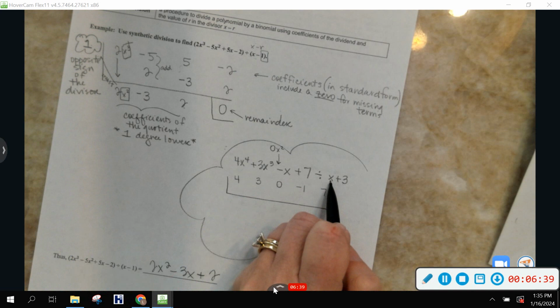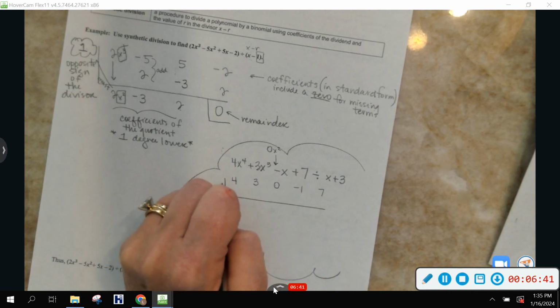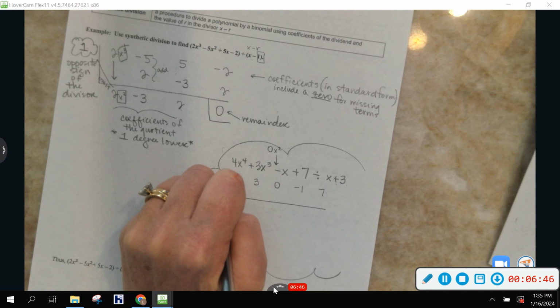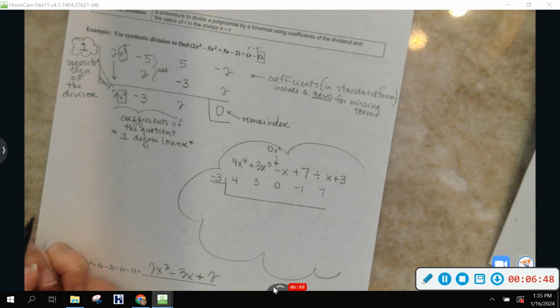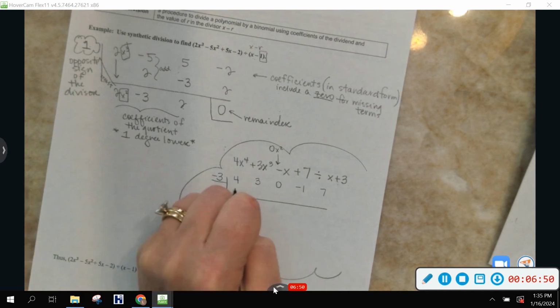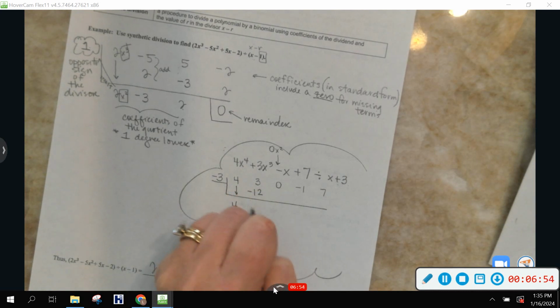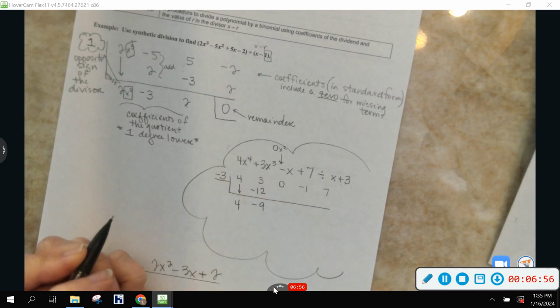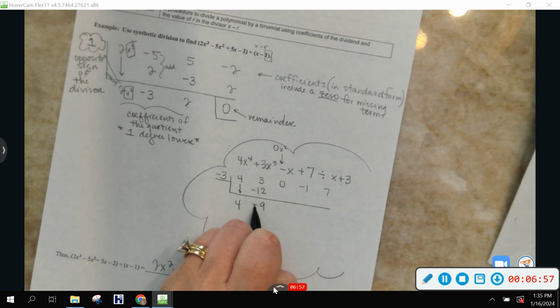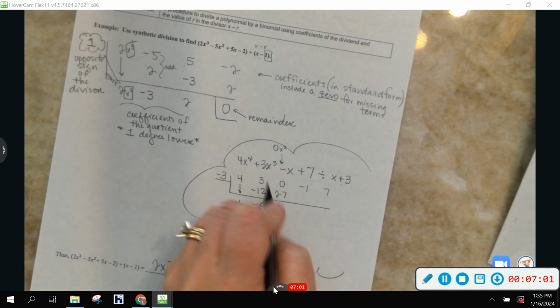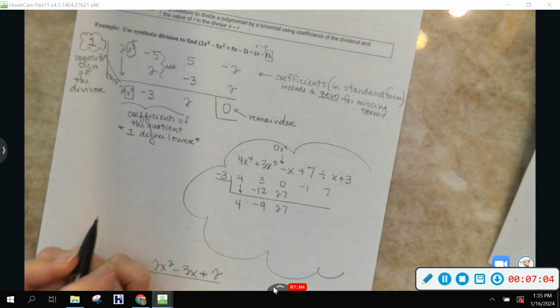Since I'm dividing by x plus 3, it's going to go the opposite side of my divisor. So I'm going to take a negative 3. And here we go with the process. I'm going to drop down 4, multiply, negative 12, add, negative 9. Probably shouldn't have made these numbers so big. Negative 9 times negative 3, positive 27, add 27.